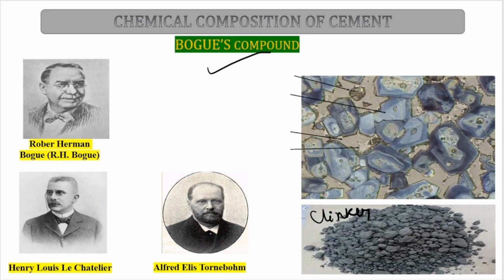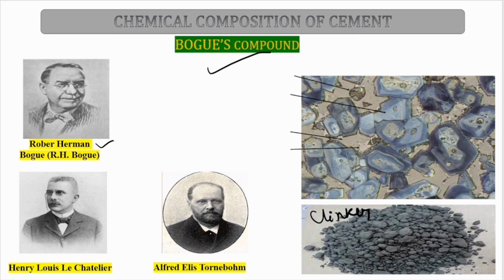Now, these substances were discovered by a person named R.H. Bogue, or Robert Herman Bogue, and as a tribute to him, they are known as Bogue's compound. You can see the picture.